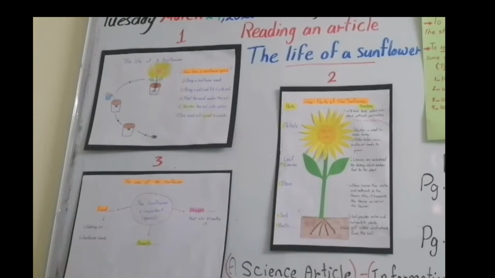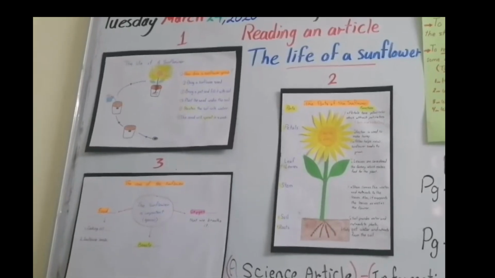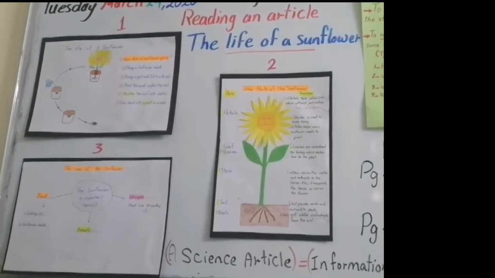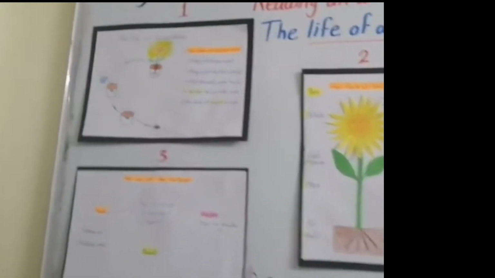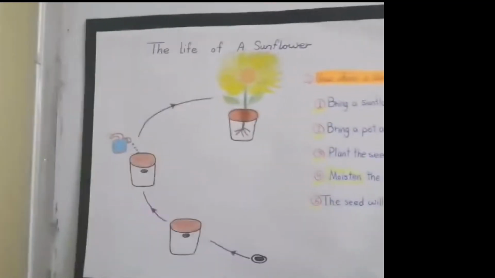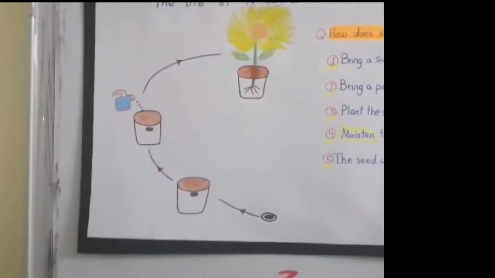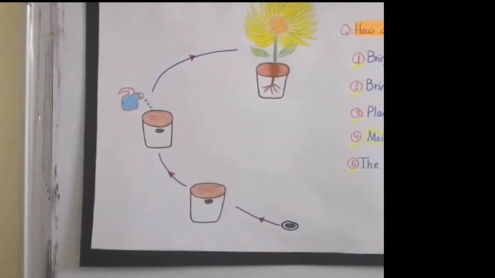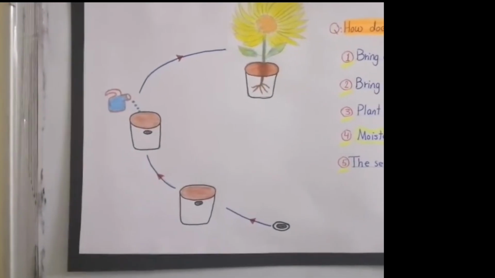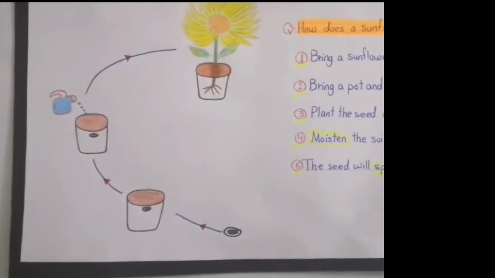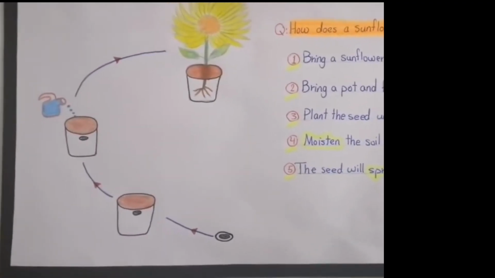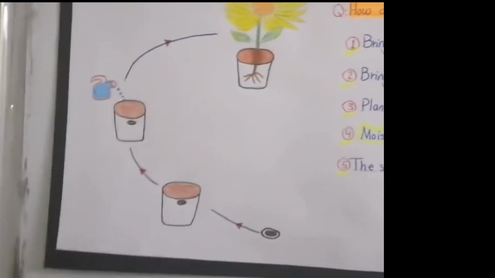Before we read the article, I want you to have a look at these drawings with me. Let's read together. The first drawing talks about the life of a sunflower. How does the sunflower grow? What do you think?